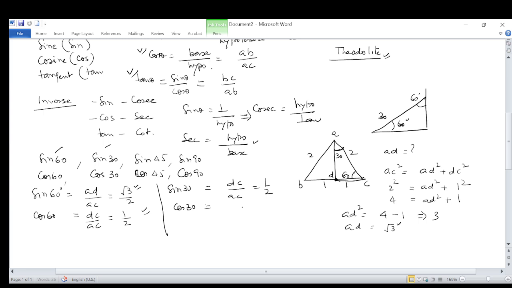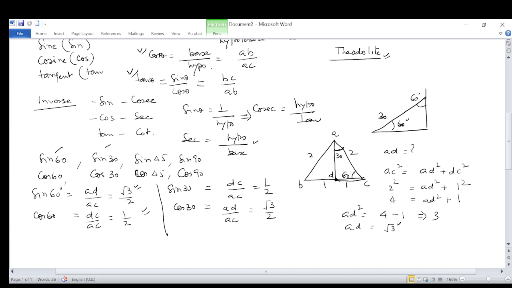So cos 30 is AD upon AC, which is under root 3 upon 2. Just see, sine 60 is equal to cos 30, and cos 60 is equal to sine 30. If you remember one of them, you can remember all of them. This is how you remember all those things.